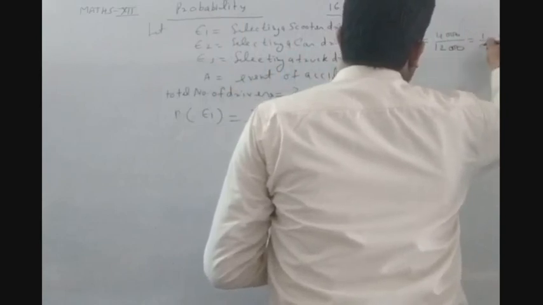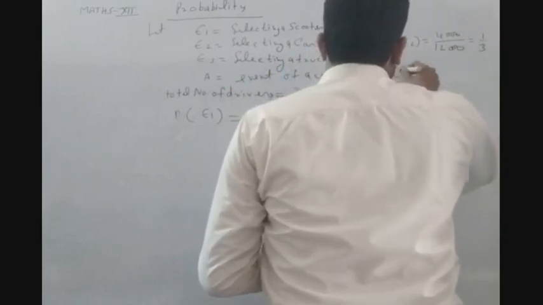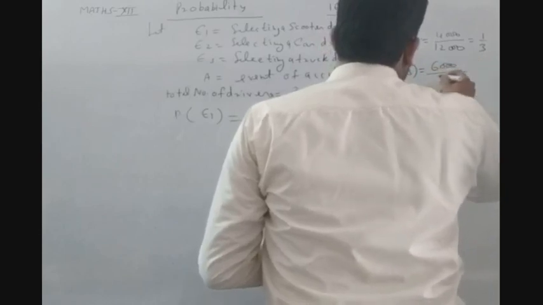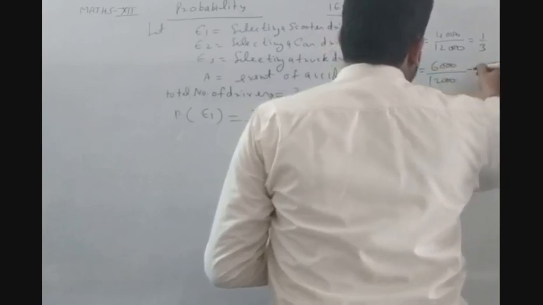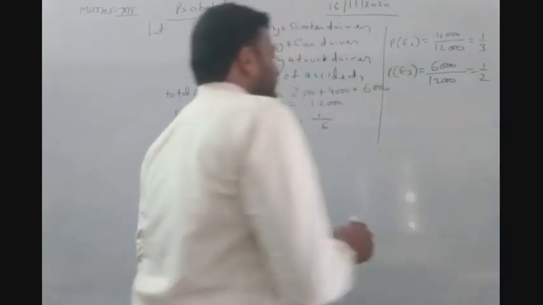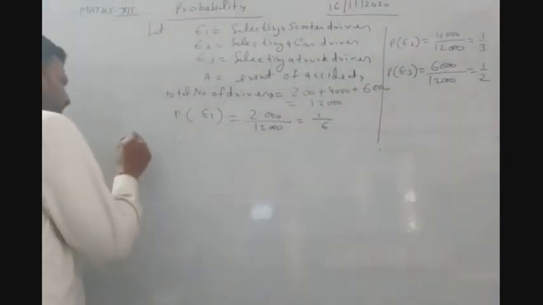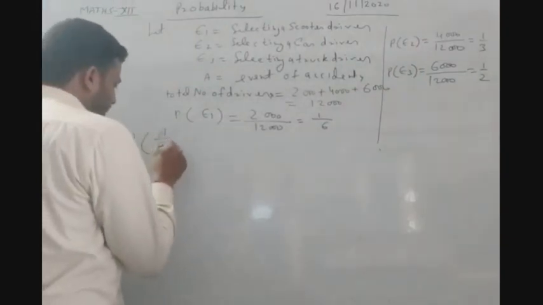Now it will be 1 by 3. Again, probability of E3, selecting a truck driver, it will be 1 by 2.